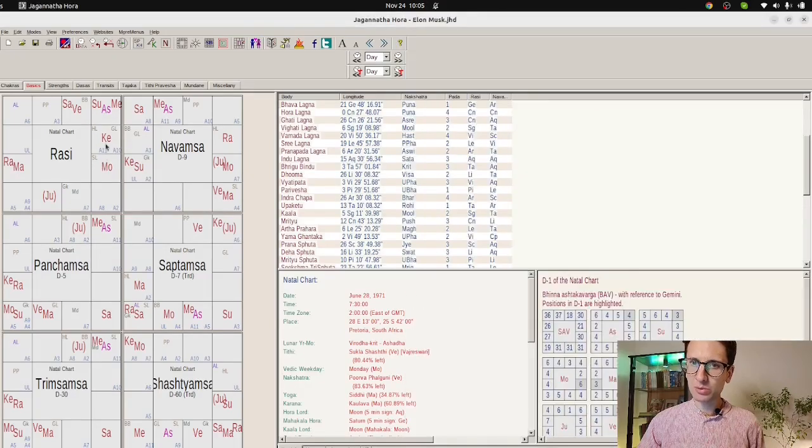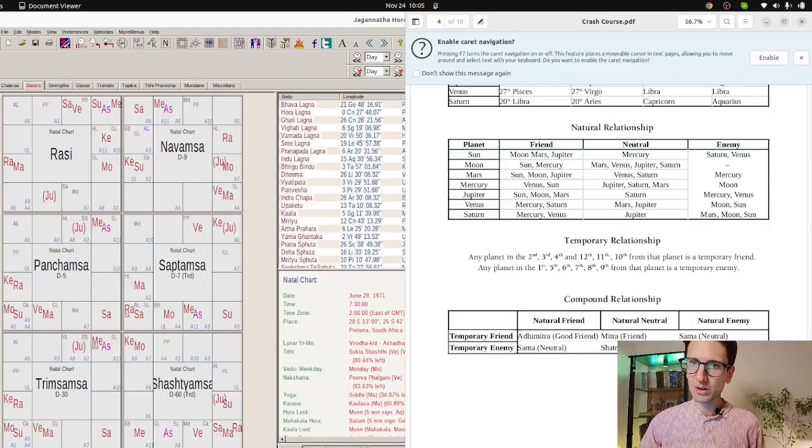This is first house, 12th house, and 11th house. So it is a temporary friend. 11th house, right? Temporary friend. So it is a natural friend, temporary friend. It's a great friend. So the moon is in the house of a great friend, same like Jupiter. So this is nice. You get good results from this.